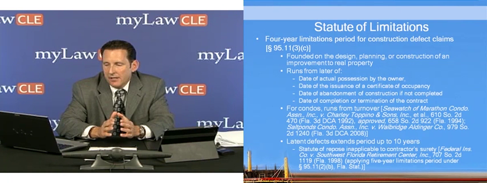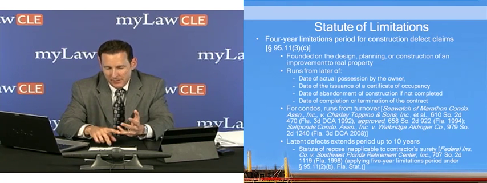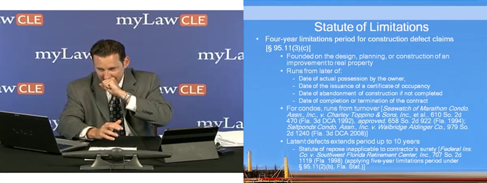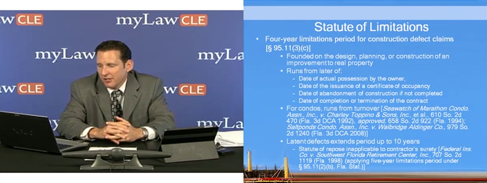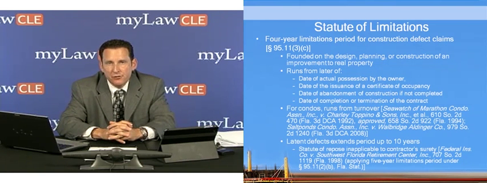If the defect is latent, and that is, again, hidden, could not be discovered by casual observation or reasonable inspection, then you could actually have up to 10 years past one of those triggering events to bring your cause of action.